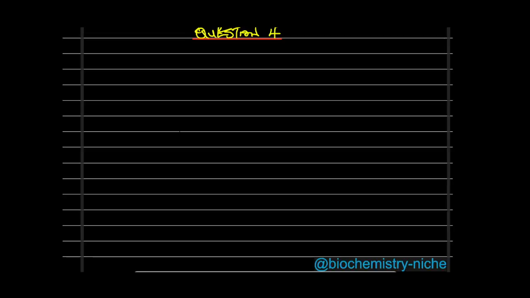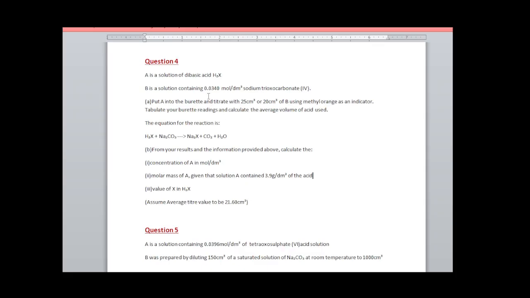The molar concentration of B that was given in the question equals 0.0340 moles per dm cube. We can see that right here, 0.034 moles. That's the molar concentration for the B.